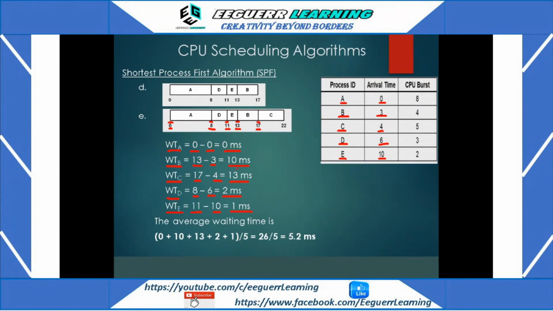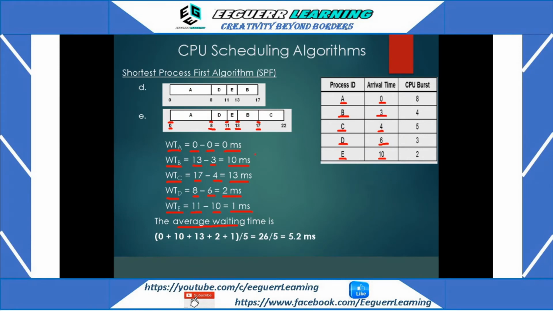Okay, now that we have solved for the waiting time of each process, we can now solve for the average waiting time for all the processes.